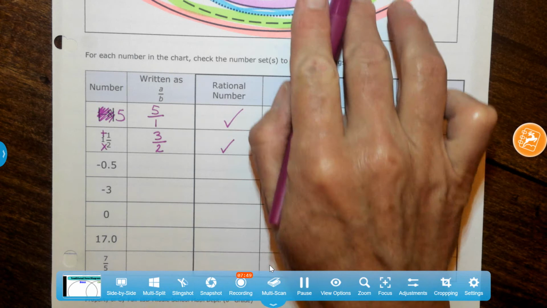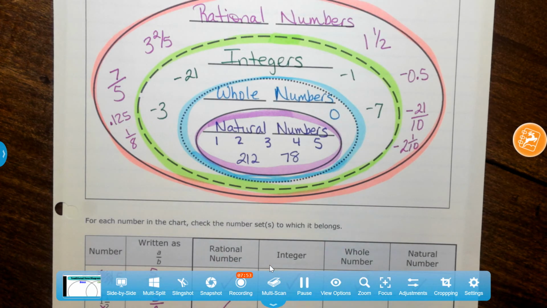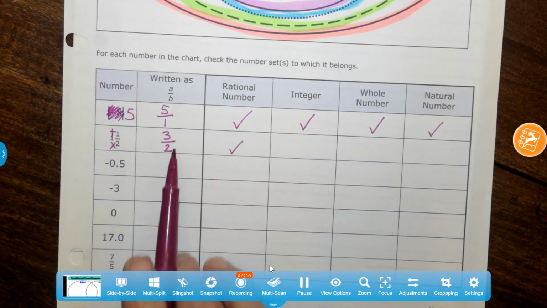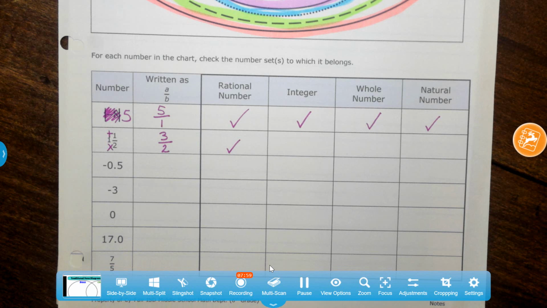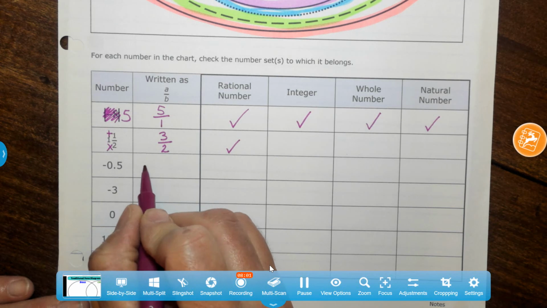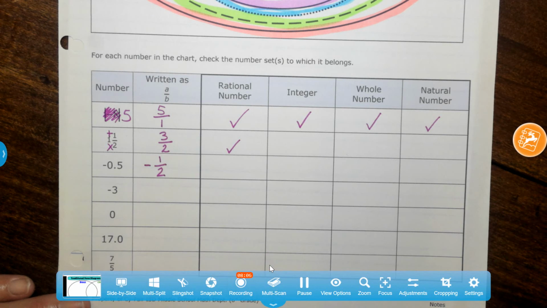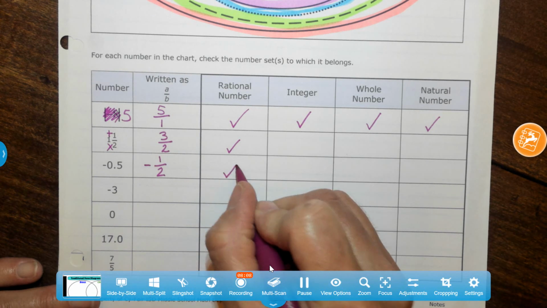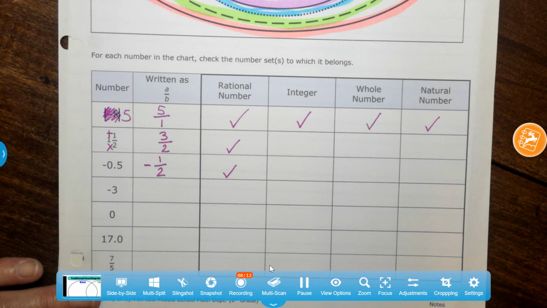Is 1 1/2 considered an integer? No, it is not. So 1 1/2 is just a rational number. Okay, the negative 0.5. That would be negative 1/2, looking at the a over b form. And that would be considered a rational number, but it does not go in any of the other columns.